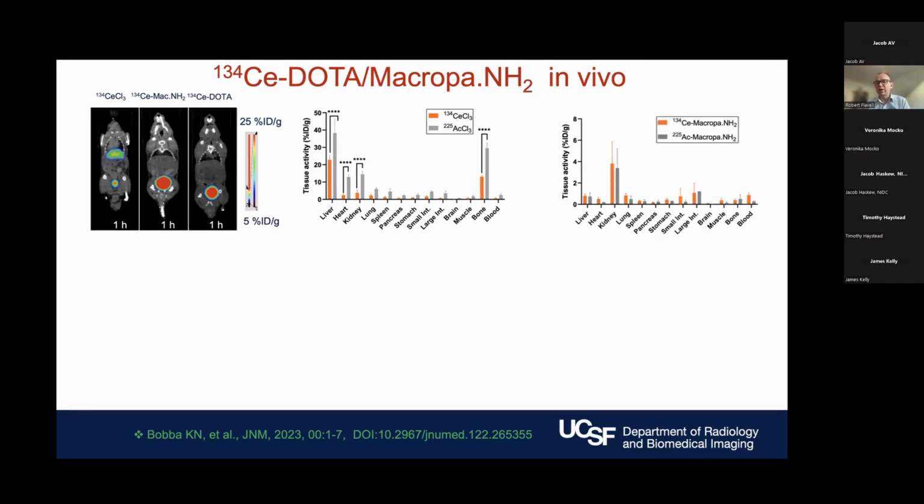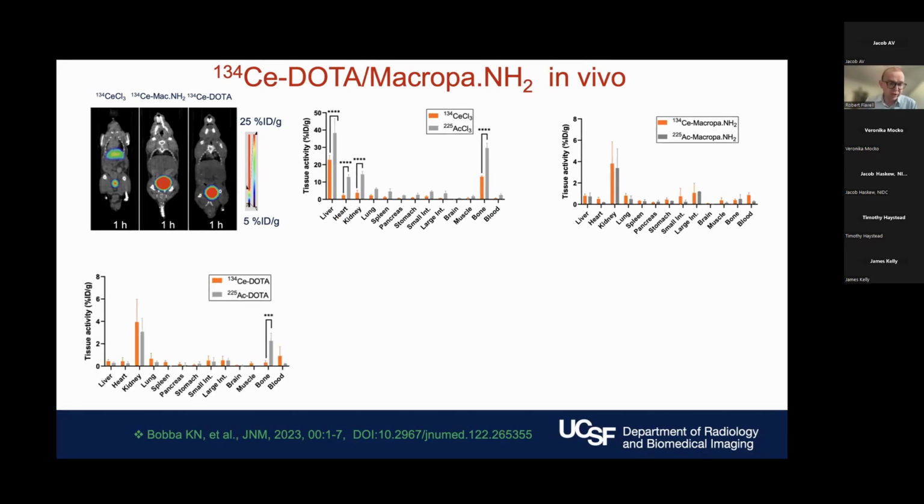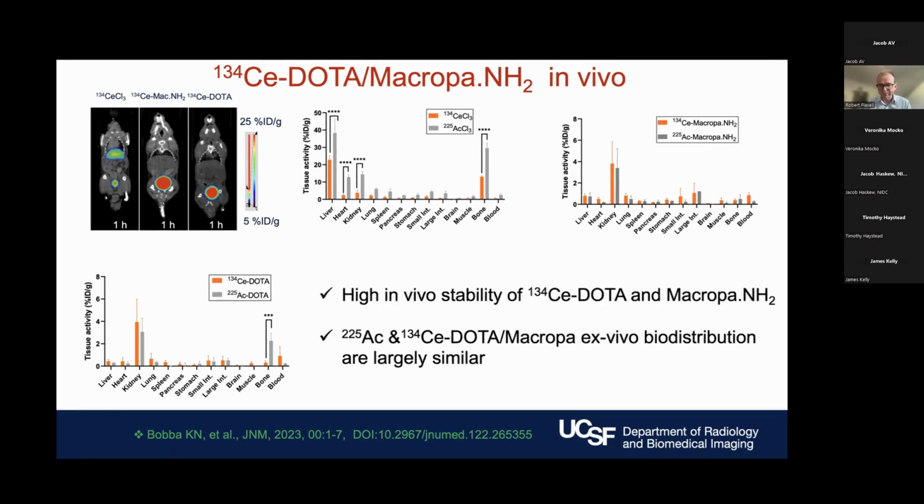But then when we took the chelated versions of these, we're showing the Macropa version, comparing cerium and actinium, essentially similar biodistribution. Looking at the DOTA conjugates, again, quite similar biodistribution, with one exception: we did see a bit more bone uptake with the actinium version compared to the cerium.